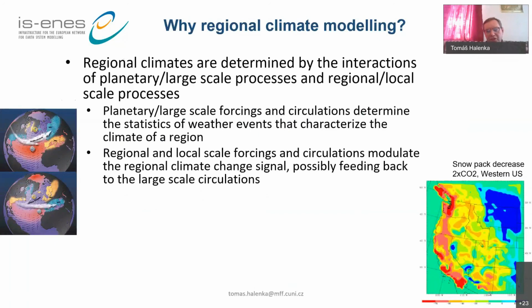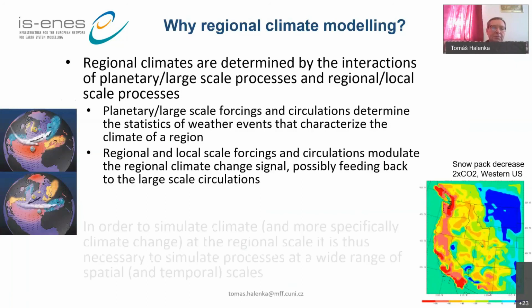Next one, please. And what you can see is an example of snowpack results for double CO2 for the US, and that definitely makes a real difference. What you can see in regional simulations is when you have real, or closer to real, heights of topography in your model. Next, please.